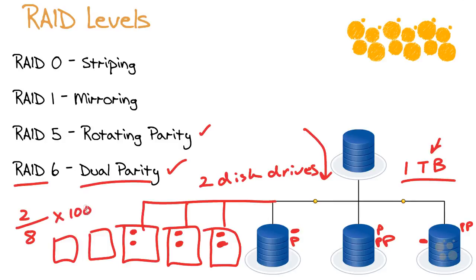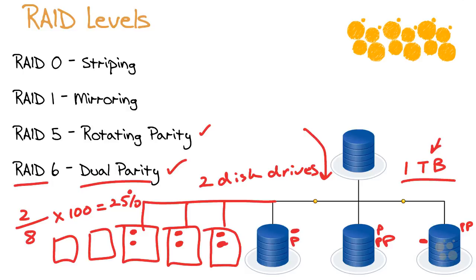We multiply this times 100, and we get a 25% overhead thanks to the dual parity information that's written. So when you are calculating the overhead, once again, we can take the total disks divided into the chunks of parity that we write, multiply that by 100, and we get a good guesstimate as to the overhead loss due to our parity information.